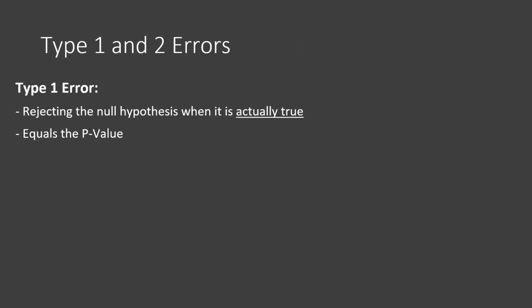Now this brings us to type 1 and type 2 errors. So back to the p-value. Basically, a type 1 error is the p-value, and it's when you reject the null hypothesis when it's actually true. The p-value is basically the chance of doing this.